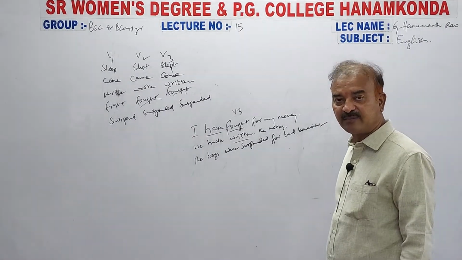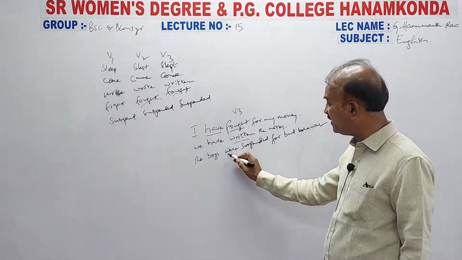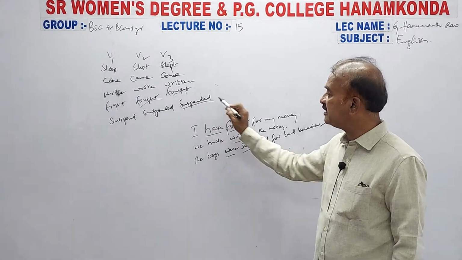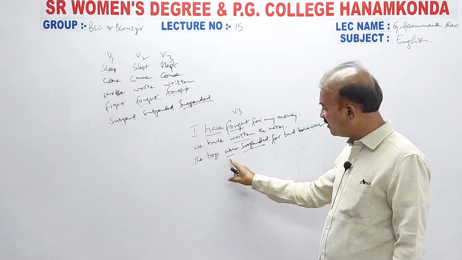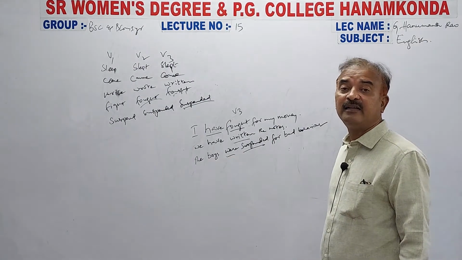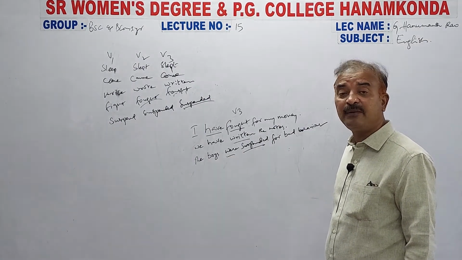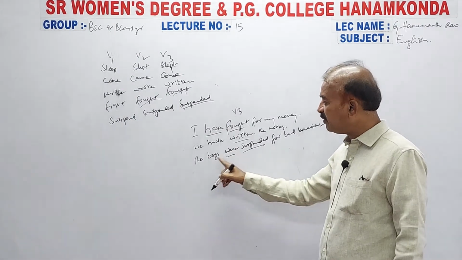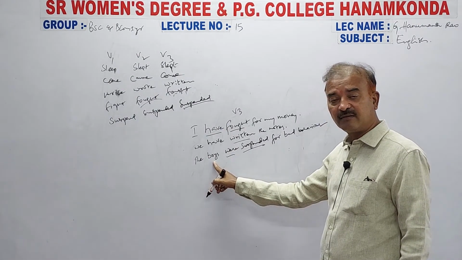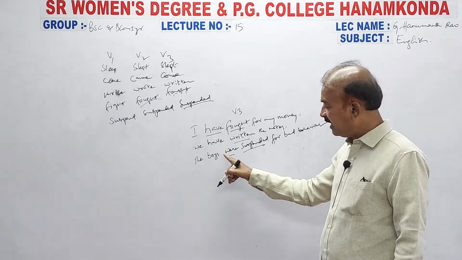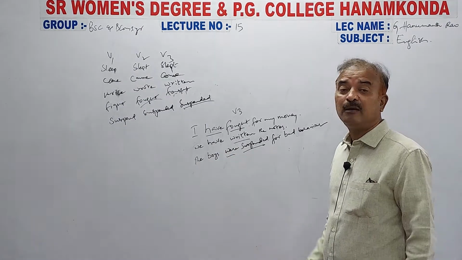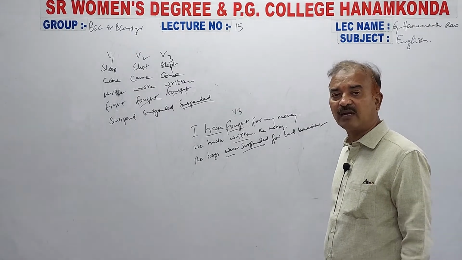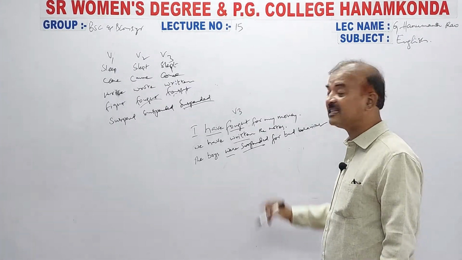The boys were suspended for bad behavior. Check this one here. W-E-R-E, were suspended. That means here, this is this. And this is already preceded by a verb, I mean to say a helping verb in the past tense. The boys, why did we use were here? Because the boys is plural. And here, because this is plural in past tense, plurals are always followed by a helping verb, were. So the boys were suspended.